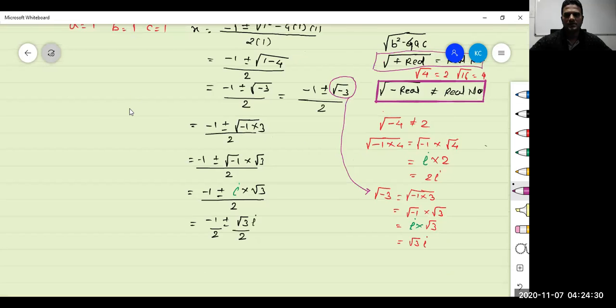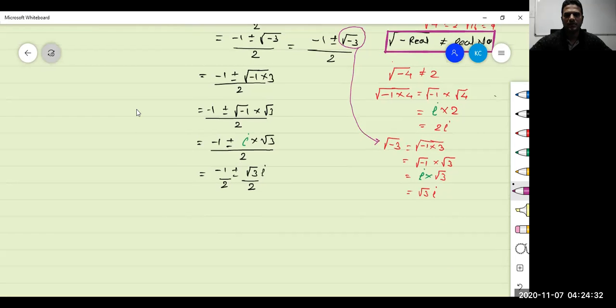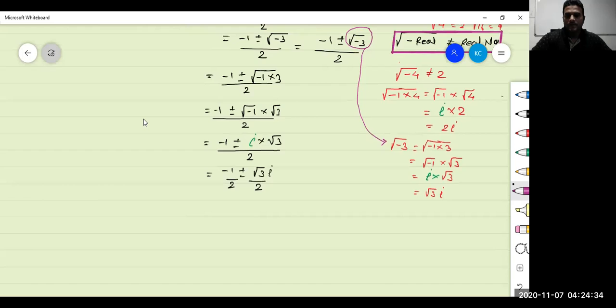We call this an imaginary number. So the root of a negative real number is not a real number. We are clear here. And then what is it called? It is called an imaginary number.